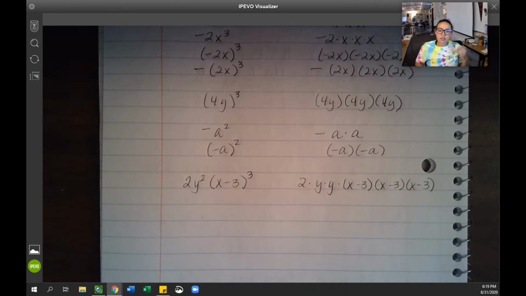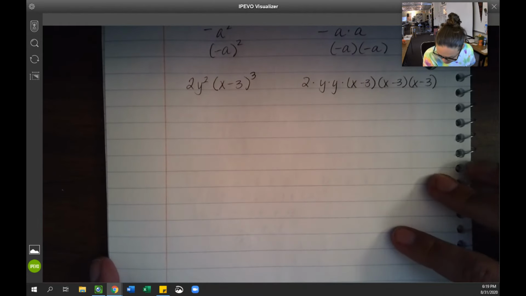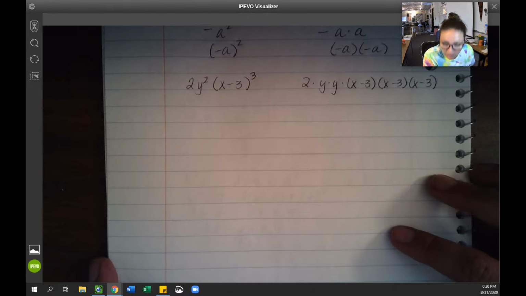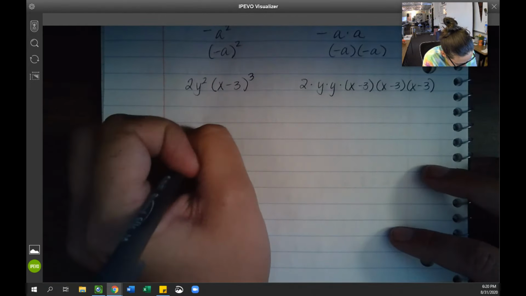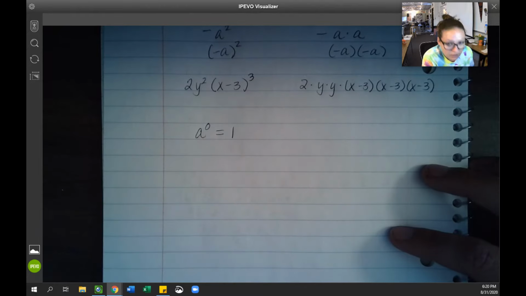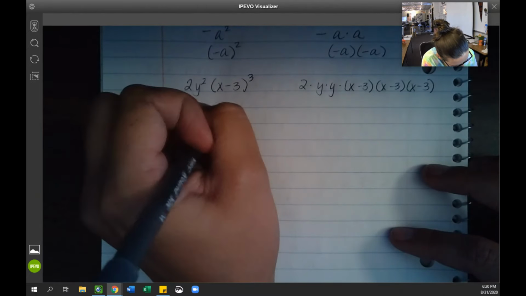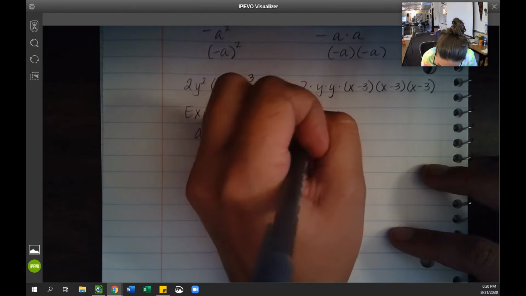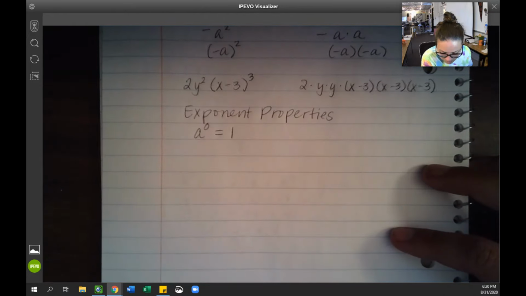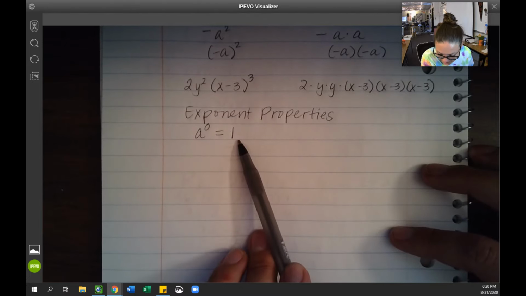All right, let's really quickly run through the properties of exponents that we've talked about. First of all, anything to the power of 0 always equals 1.